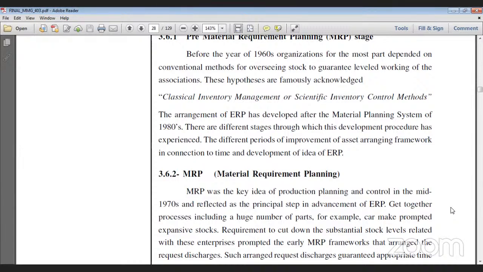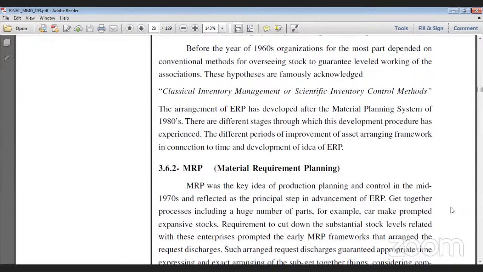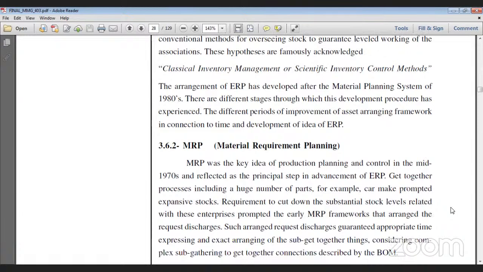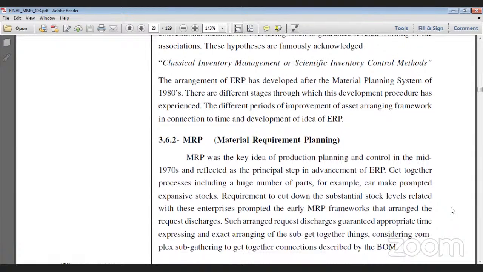The requirement to cut down substantial stock levels related with this enterprise prompted early MRP frameworks that arrange the order release. Such planned order releases guaranteed appropriate timing and exact planning of the sub-assembly items, considering the complex sub-assembly to assembly relationships.